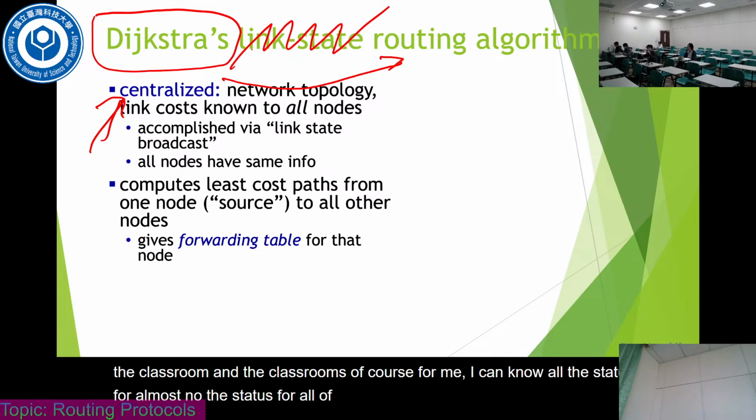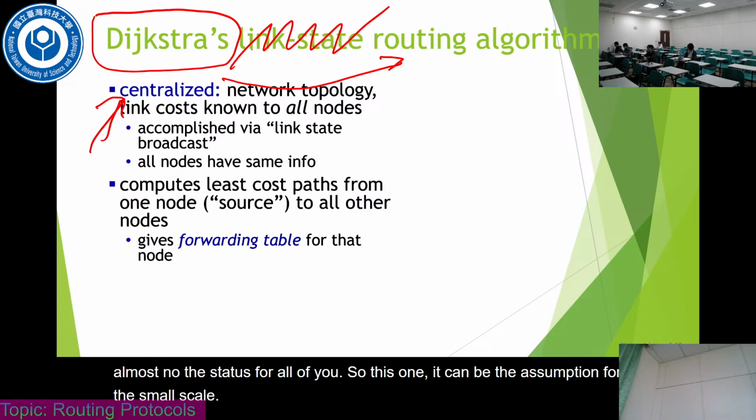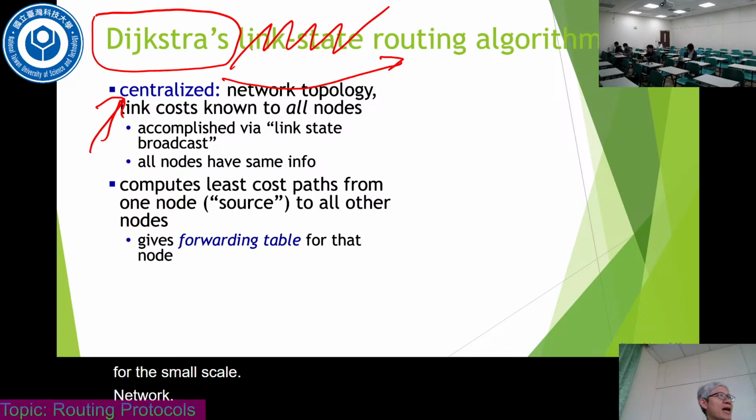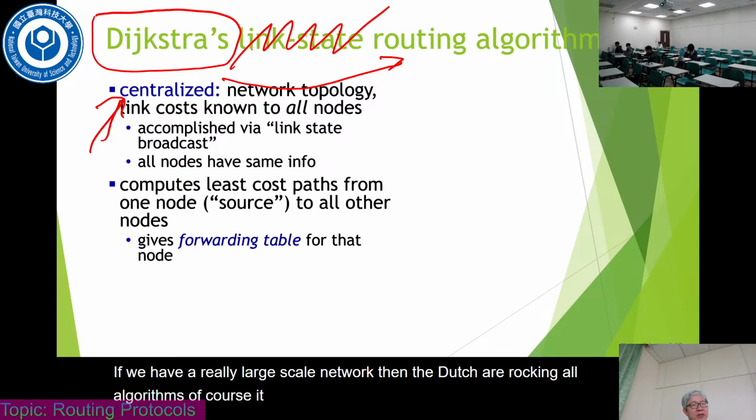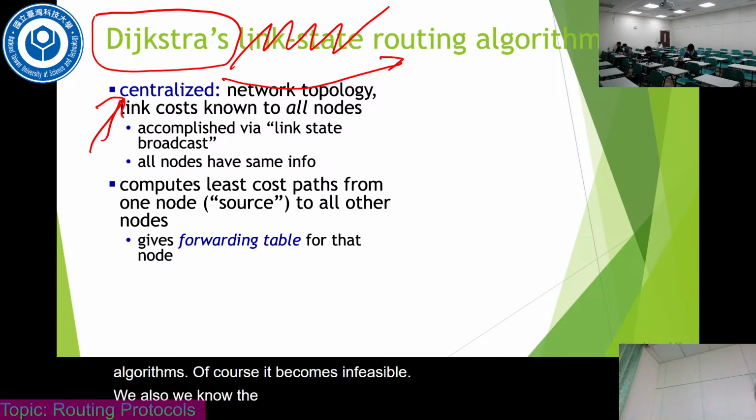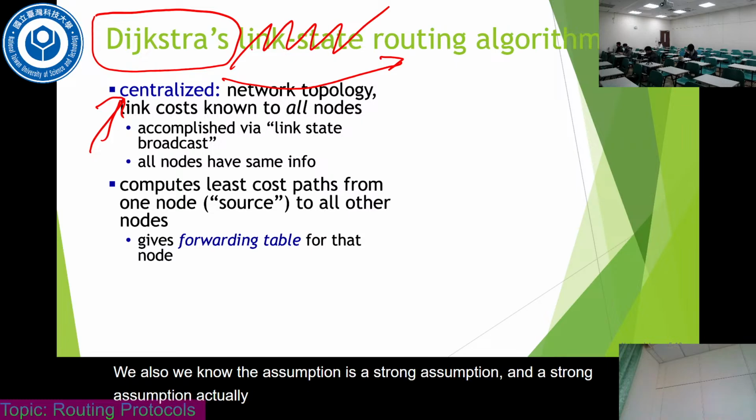So this can be the assumption for a small scale network. If we have a really large scale network, then the Dijkstra routing algorithm becomes infeasible. So we know it is a strong assumption, and it can be valid for a small scale network.